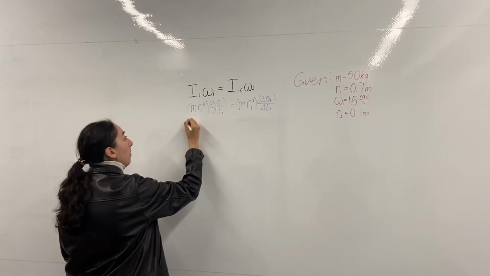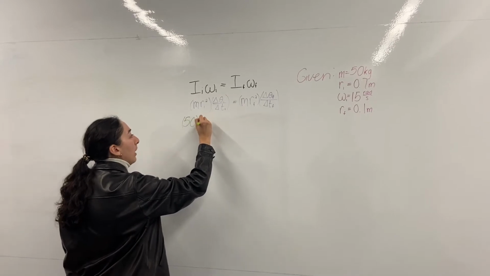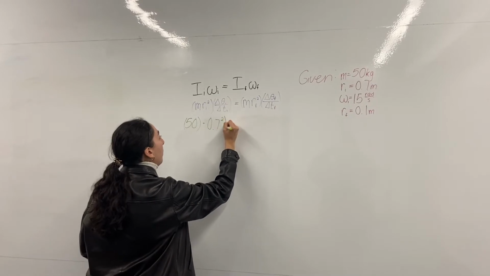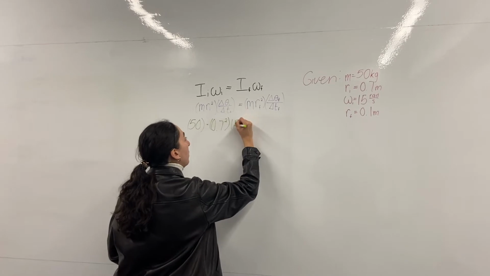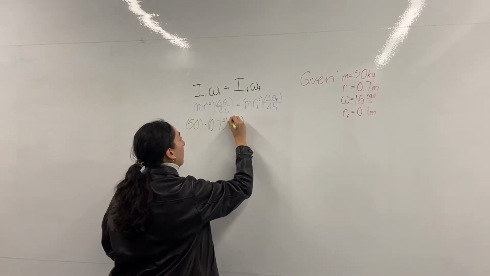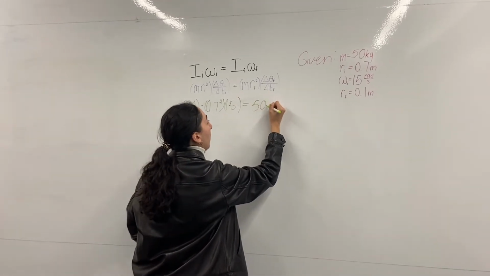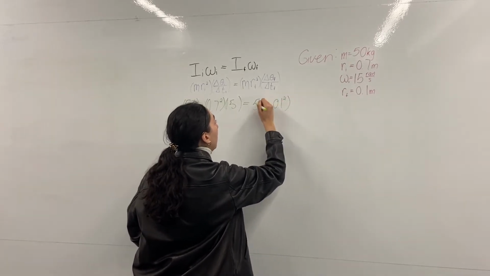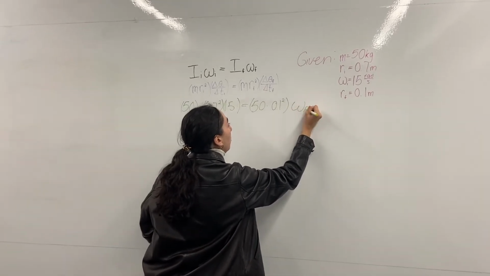So our mass is 50 kilograms multiplied by 0.7 squared multiplied by our initial angular velocity, which is 15 radians, is equal to our mass times our final radius, which is 0.1 squared, multiplied by our final angular velocity, which we do not have.